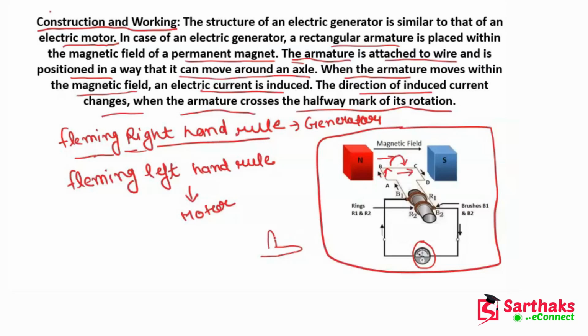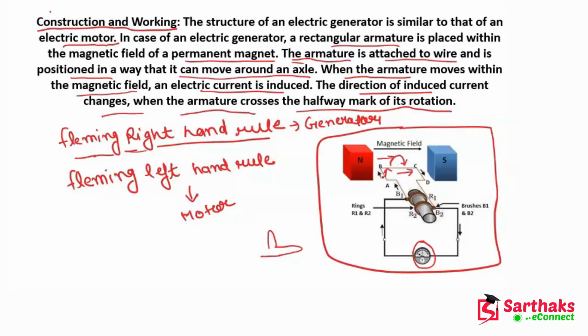Now when you keep your thumb and index finger like this, your middle finger will indicate the direction of A to B. A to B, and this is the direction of induced current.